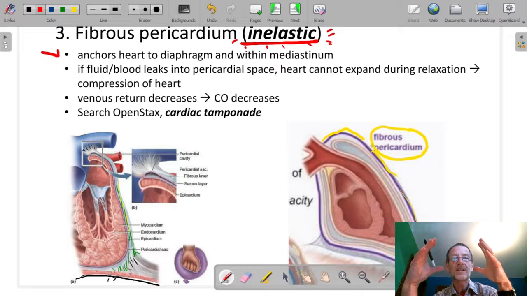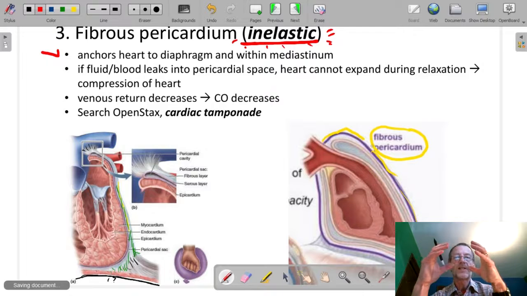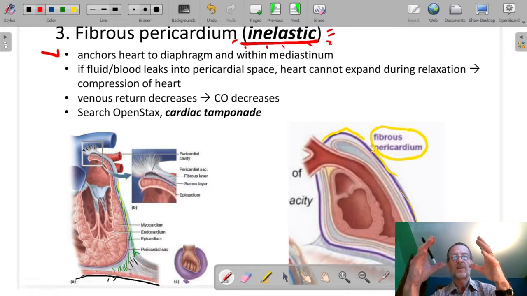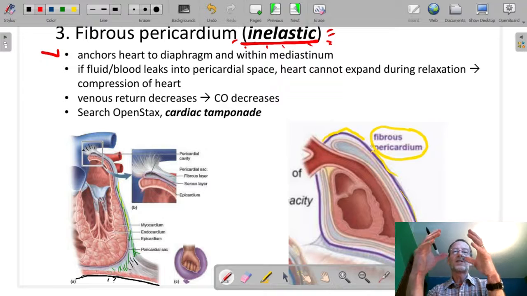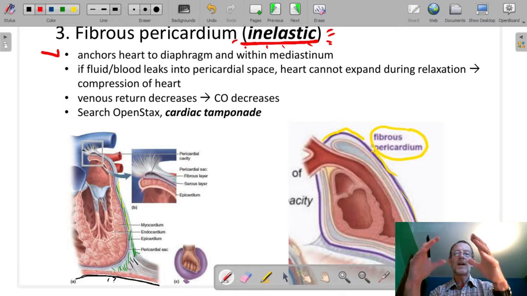During contraction, it contracts and squeezes the blood out, and the volume of the heart gets smaller. And then to fill, it has to relax and expand. So it's constantly contracting and expanding.